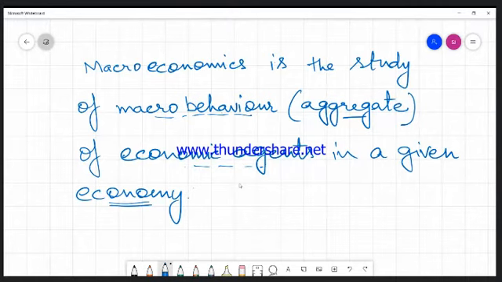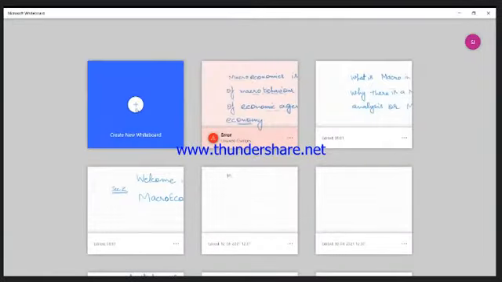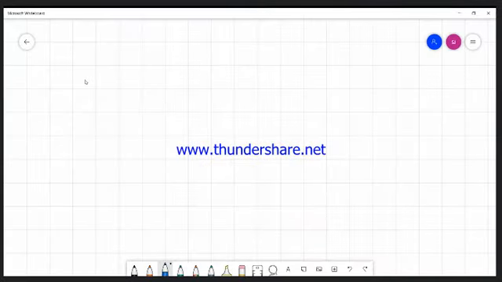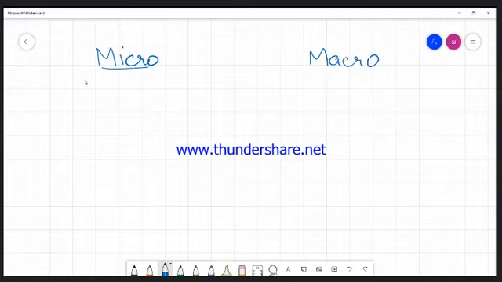Okay. Now, let us try to understand the same thing in a bit more detail. You know many things about micro. Micro and macro both come from Greek words. Micro means small and macro means large or big. So micro, you remember, was related to individual units.